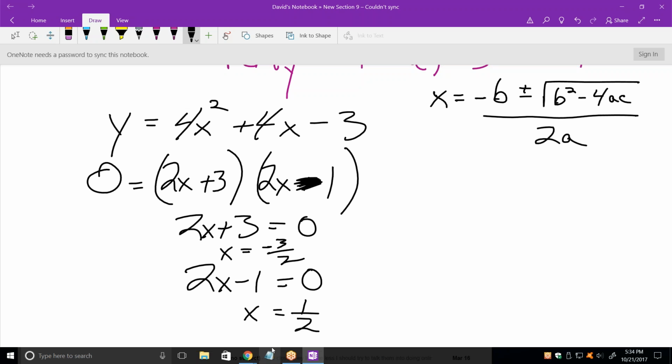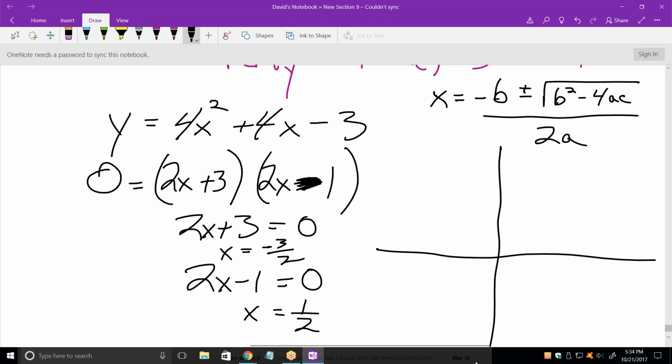Now, that's actually pretty valuable, knowing the x-intercepts. And here's why. Because we don't have to go through this vertex stuff anymore. In other words, if I know the x-intercepts are -3/2 and 1/2, well, now I know where the axis of symmetry is.